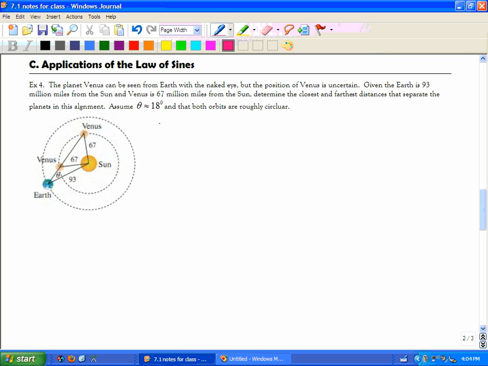To set up our proportions, we know that 67 corresponds to the 18-degree angle, and we know that 93 will correspond with Venus's position, so we'll say sine V. And then we don't know, we'll call it the S length over sine of S. If we do this first set here, we'll have 93 sine of 18 equals 67 sine of V.